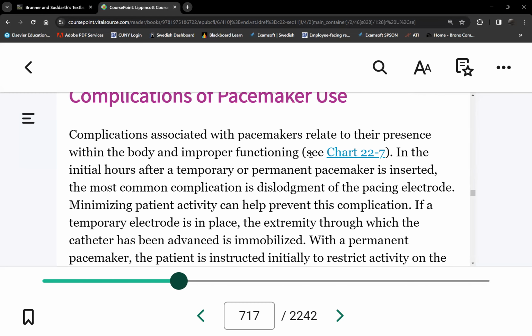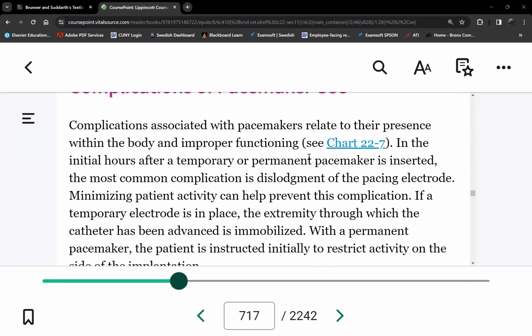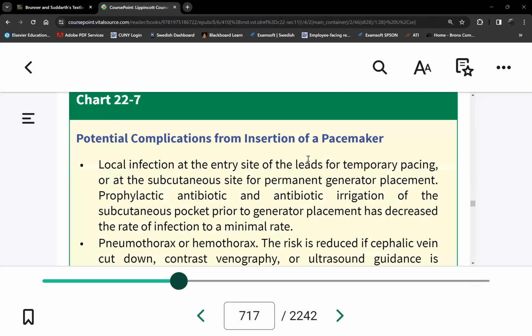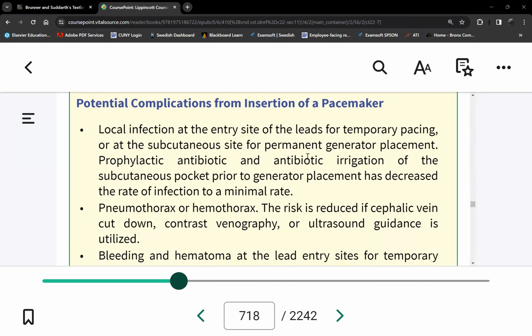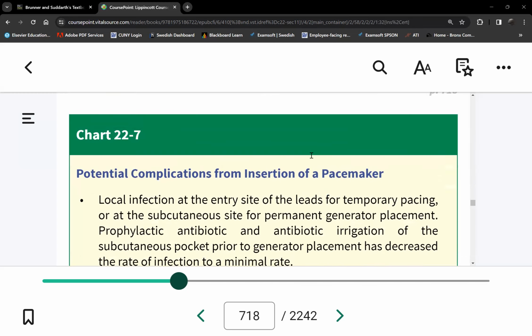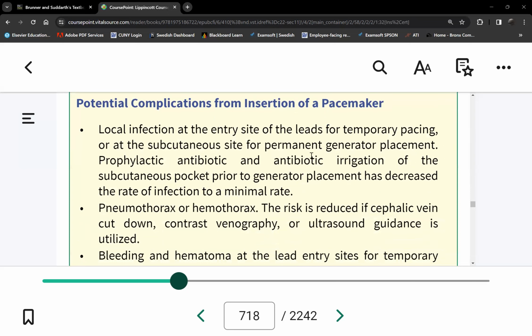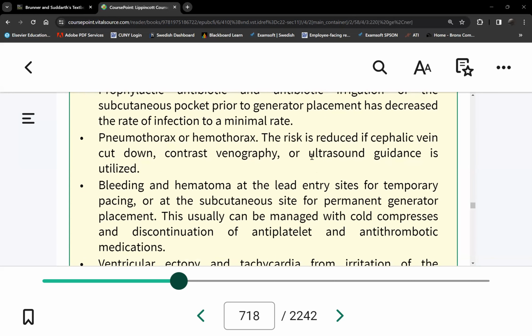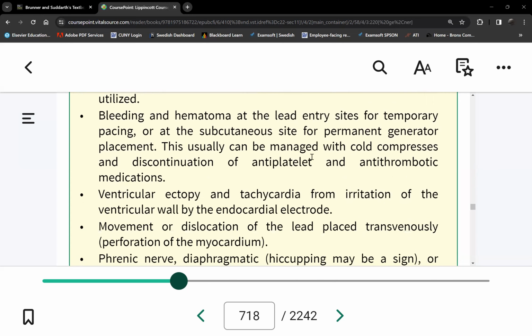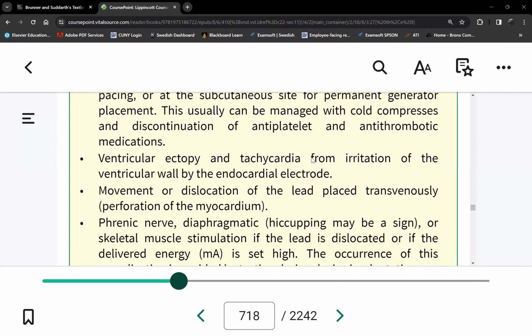We'll look at our responsibilities and patient teaching on the next page, maybe toward the end of this page. Two charts here. First chart is chart 22-7. These are the complications after a pacemaker is inserted. I'll leave you responsible for reading. They range from local infections to bleeding and also a pneumothorax.